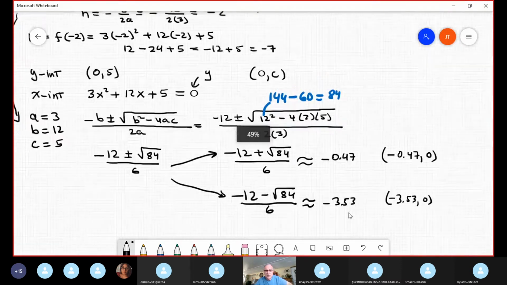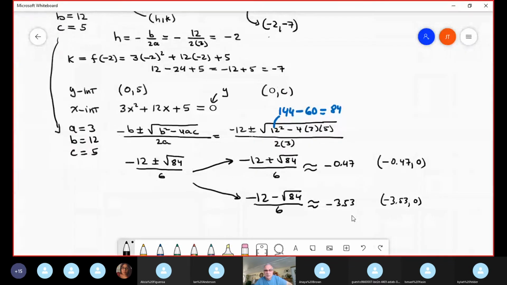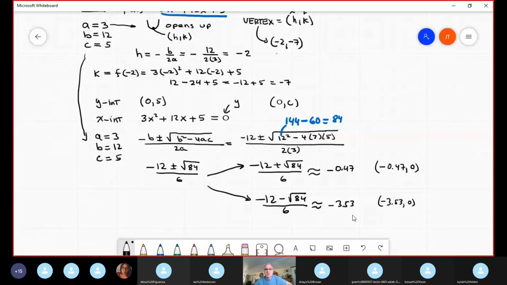How many points in total do we have at this moment? We have the vertex, 1, 2, 3, and 4. We need one extra. Okay, we use the symmetry.